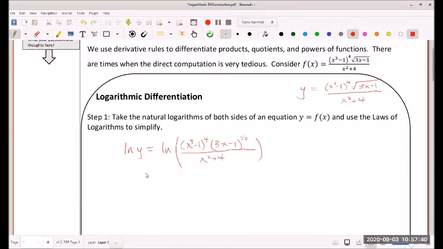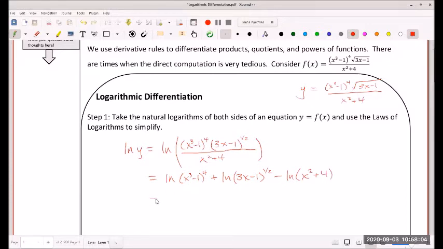Now we're going to use the product rule for logarithms and also the quotient rule, and we'll split this up. So this will be the natural log of x cubed minus 1 to the 4th plus the natural log of 3x minus 1 to the 1/2 minus the natural log of the denominator, x squared plus 4.